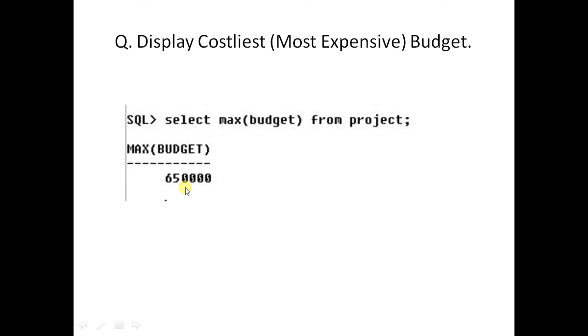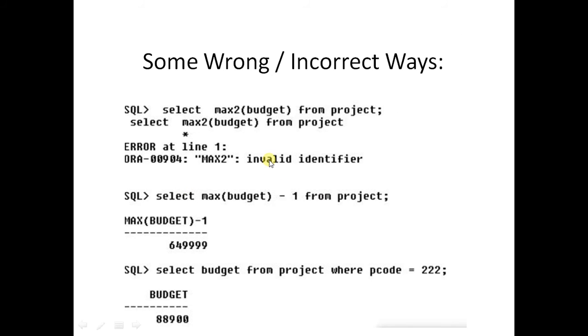In order to answer this question, you may use certain wrong methods. For example, you may type max two budget, which is not allowed. There is nothing called max two. You may write select max budget minus one from project, which gives you an answer but is not the correct answer. It has taken the maximum value and minus one, that is 6,49,999.